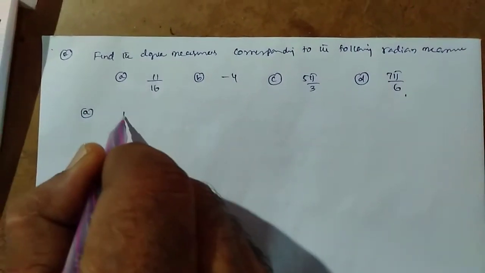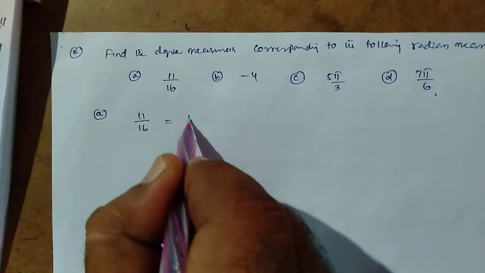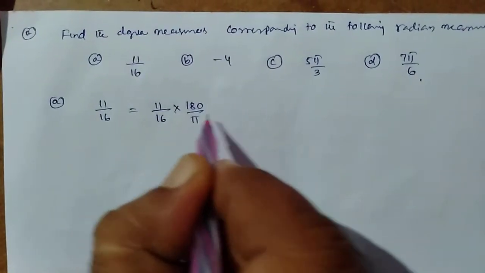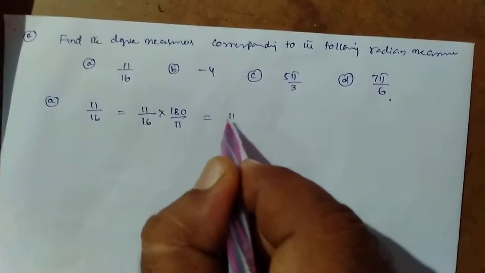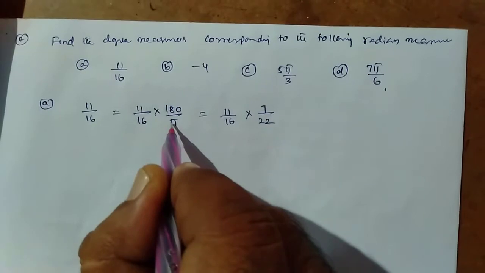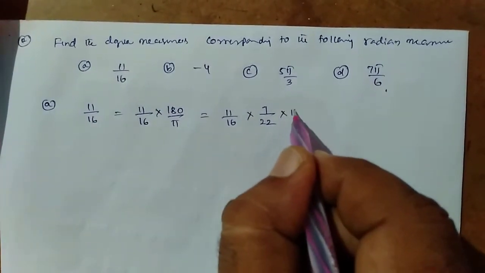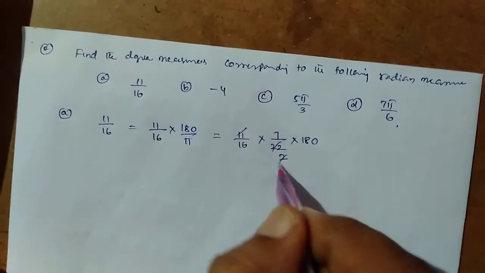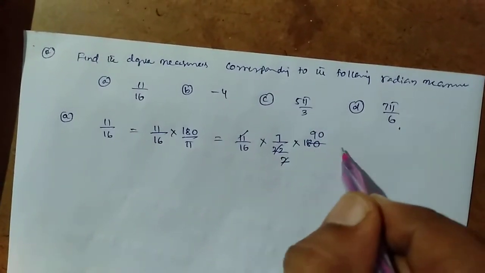So the solution: 11 by 16 is the same as 11 by 16 into 180 by pi, where pi is 22 by 7. So 7 by 22 into 180, or 11 twos are 22, 2 90s.